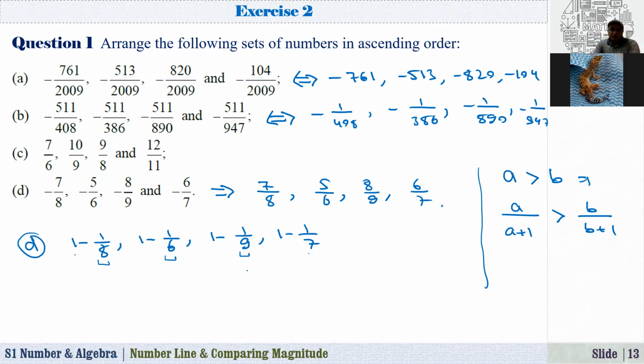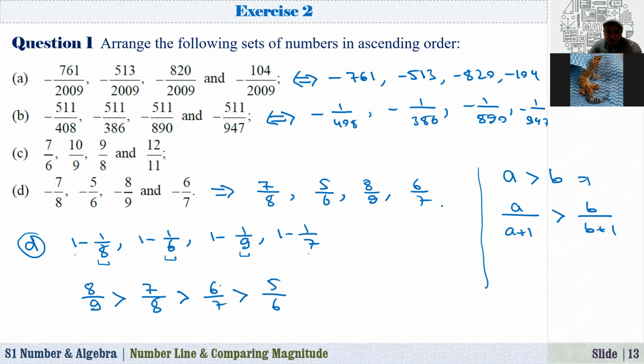So among these numbers, which one is the biggest one? Which one are we removing the smallest amount from 1? That's 1 over 9, right? So 8 over 9 is the biggest one here. The second one is 7 over 8. The next one is 6 over 7. Next one is 5 over 6.